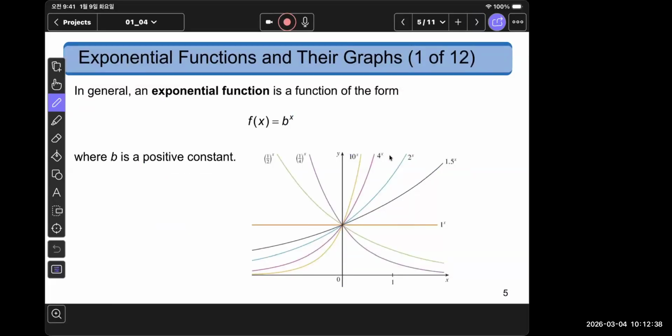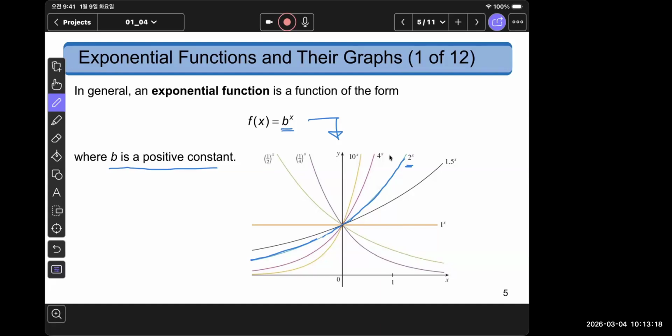If I have such an exponential function, then it has a graph like this depending on the value of b. And usually in our class, when I say exponential function, this base b will be assumed to be a positive constant. So when this b is, say, 2, you get this curve.